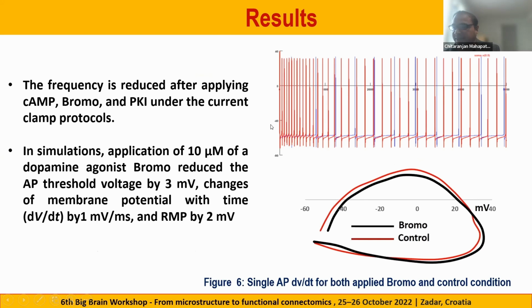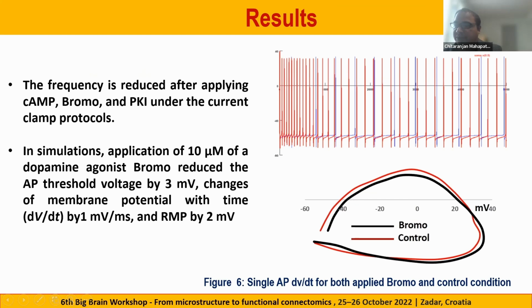That means for a particular current injection, the number of spikes is decreasing because of D2R activation by modulating the T-type conductance. So the frequency is reduced after applying the cAMP, bromo, and PKI under the current clamp protocol.